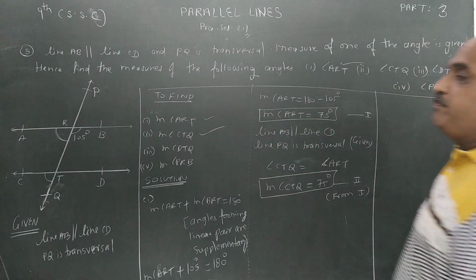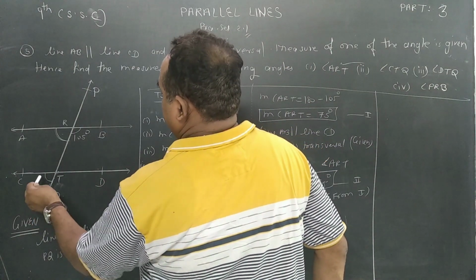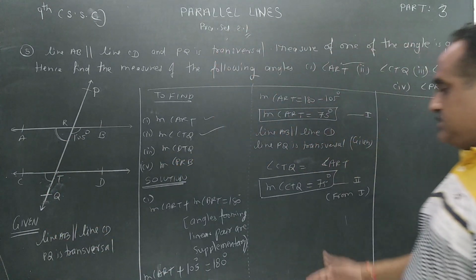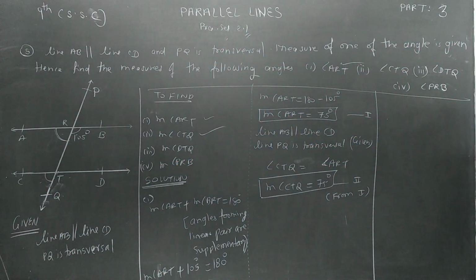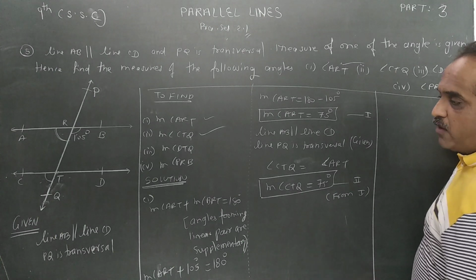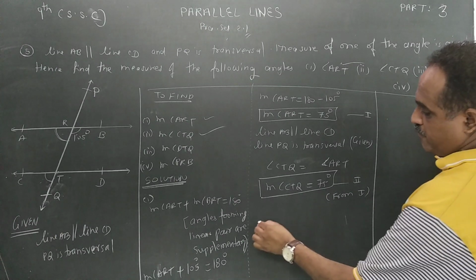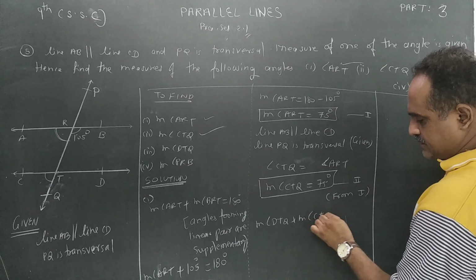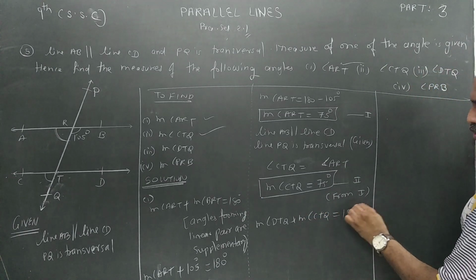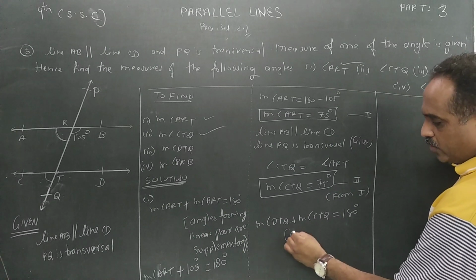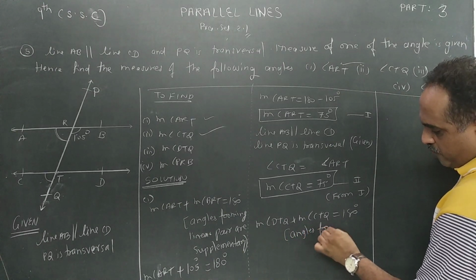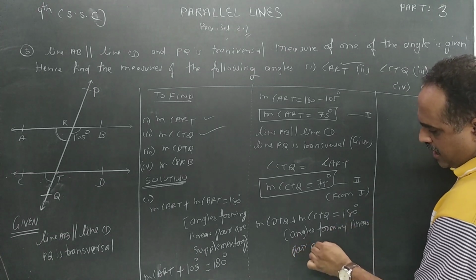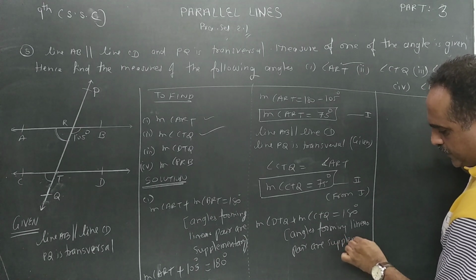Now the third one is DTQ. These two angles form a linear pair, or you can take them as corresponding angles. Whatever is easy for you, do what you like. I'll take it as angles forming a linear pair only. So what am I going to write? Measure of angle DTQ plus measure of angle CTQ is equal to 180 degrees. The reason we will write is: angles forming linear pair are supplementary.